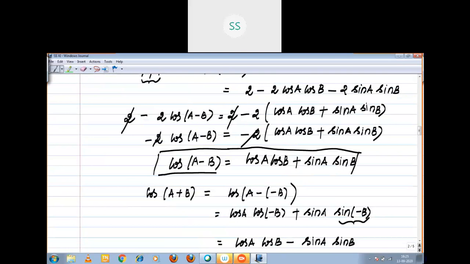So the formula cos(A minus B) is the basic one, right? It plays a vital role to frame the remaining formulas.